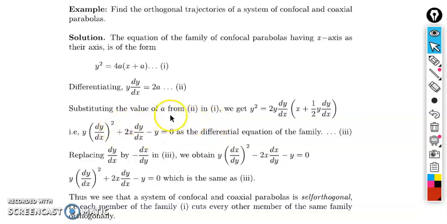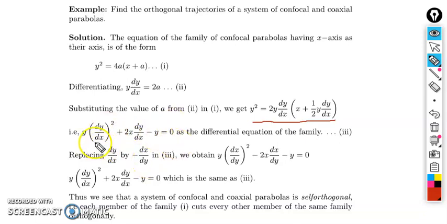Substituting this value, we get this differential equation of the confocal coaxial parabola. When you find the orthogonal trajectory of this family, you have to replace dy/dx by minus dx/dy.